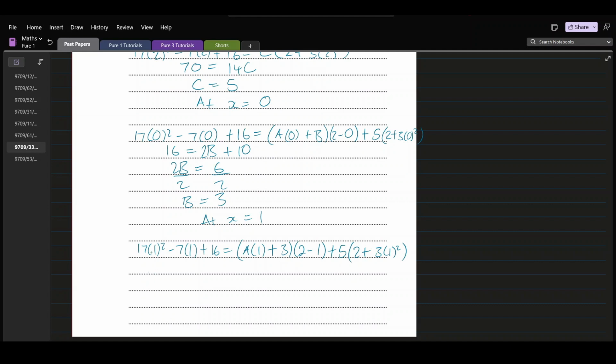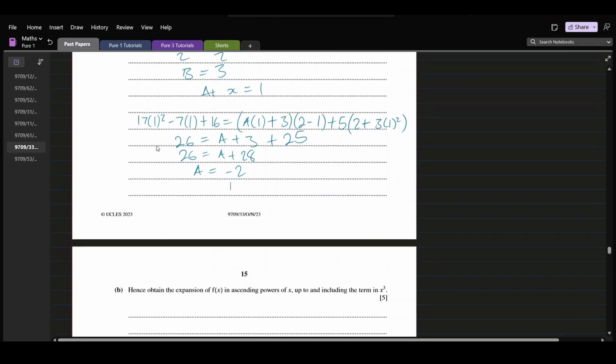So if we simplify our left hand side, that's 17 minus 7 plus 16, which gives us 26, and that's equal to a plus 3, plus the last bracket will give us 2 plus 3, which is 5. 5 times 5 is 25. So 26 is equal to a plus 28. So a is equal to 26 minus 28, which is negative 2.